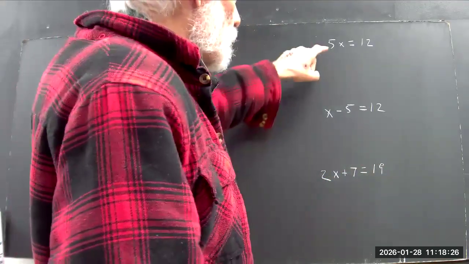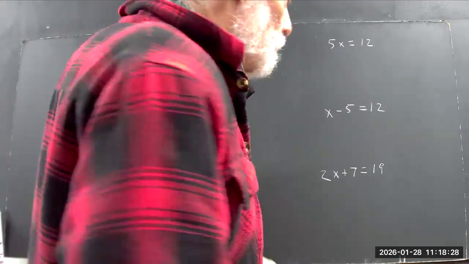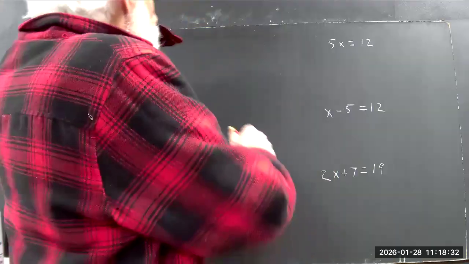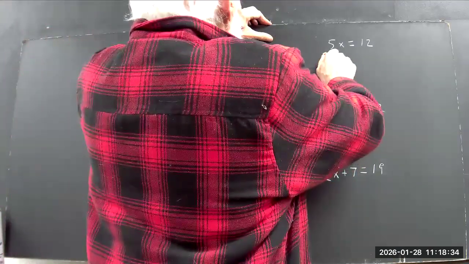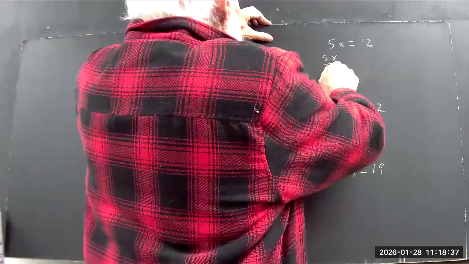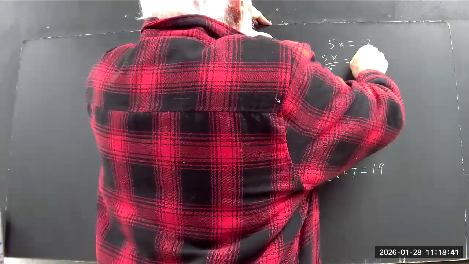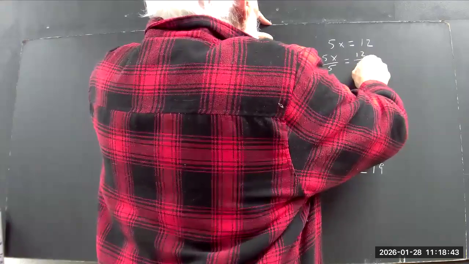In this case, I want to divide both sides by 5. If I divide 5x by 5, I'm going to get x. Okay, so I write 5x/5 equals 12/5.